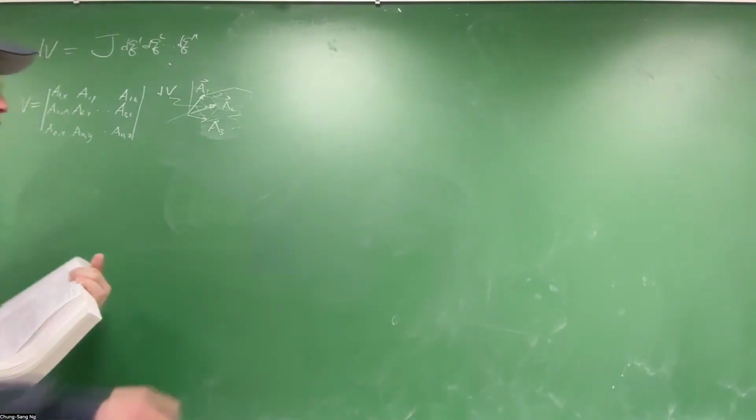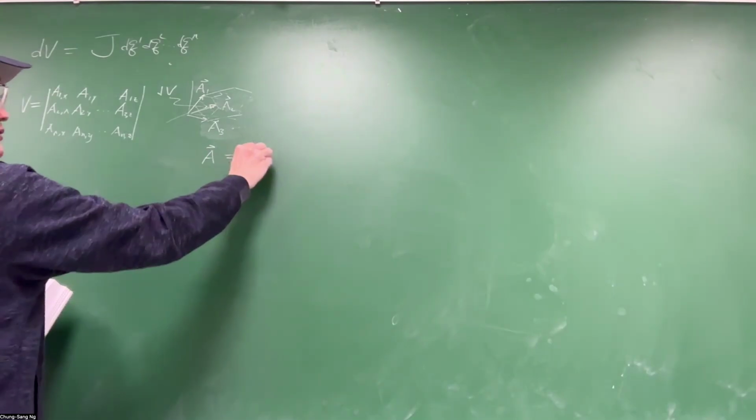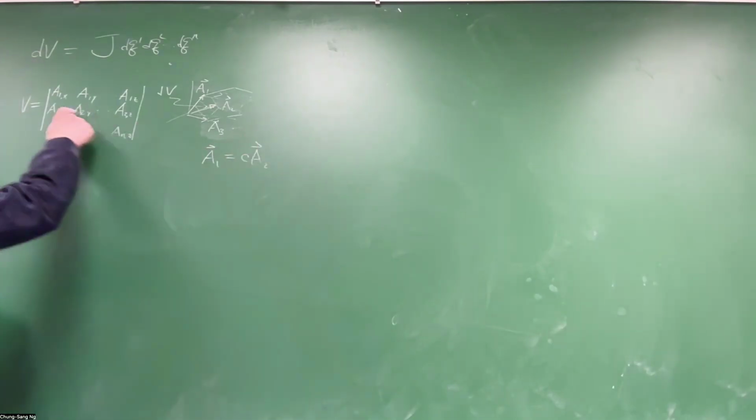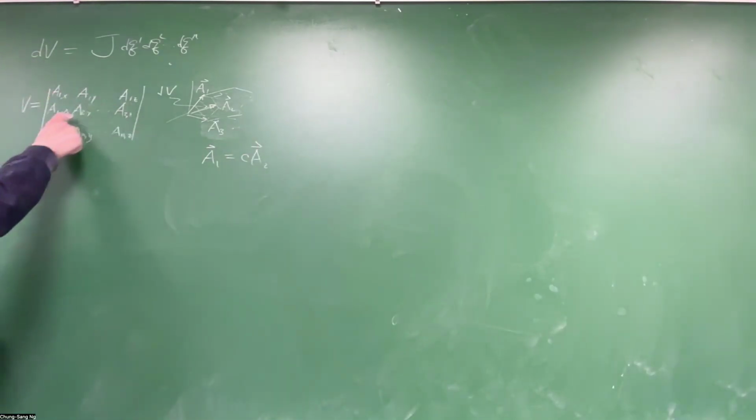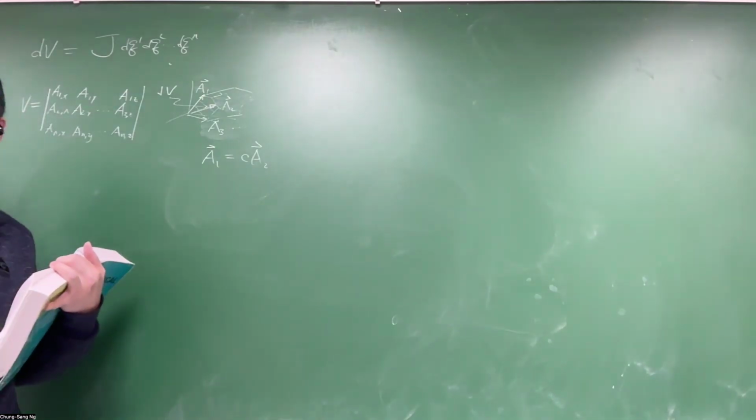That's one way to look at it. You can look at certain properties. Another property is that if two of these vectors are linearly dependent, like A1 is proportional to A2, all the elements proportional to each other, then this will be zero, right? Because that's just a property of the determinant. If one row is proportional to another row, then the determinant is zero, right? You know that.